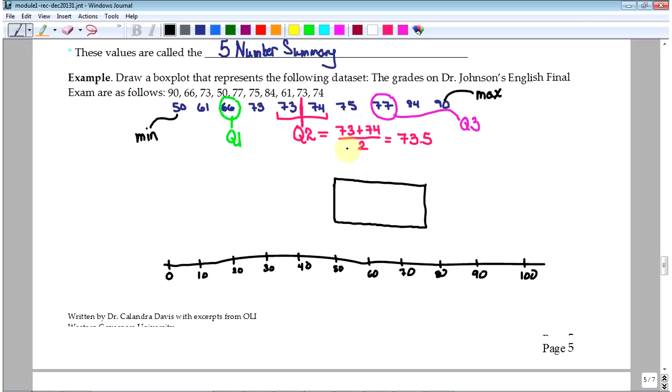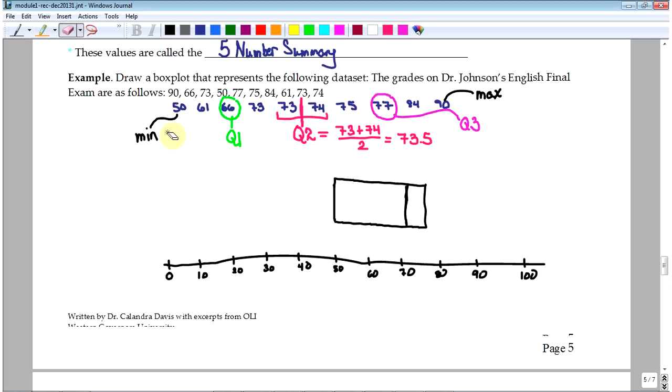And now down the middle is going to be where my second quartile is. So that'll be at 73.5, which is somewhere here approximately. Okay, next I need to draw what are sometimes called whiskers. I'm going to draw a line. Oops, and actually I did not draw my first quartile.